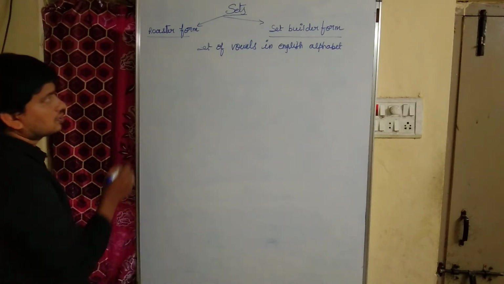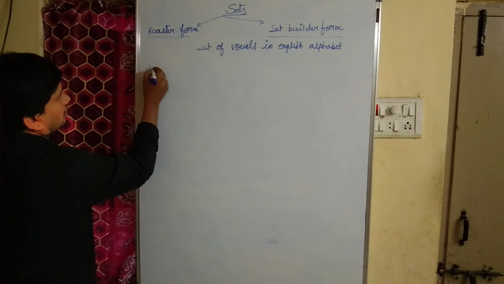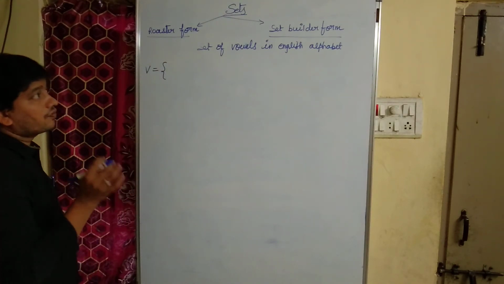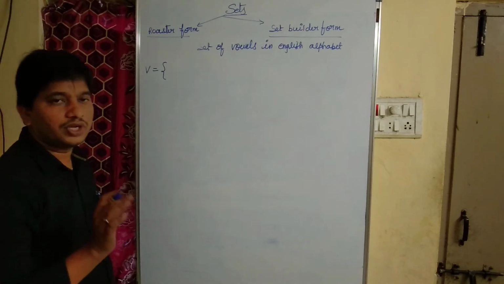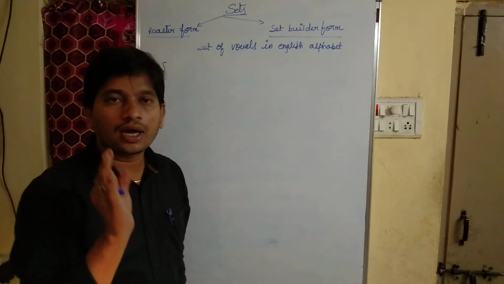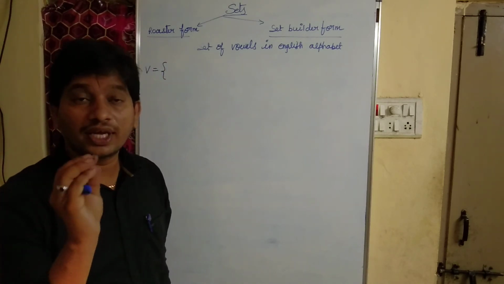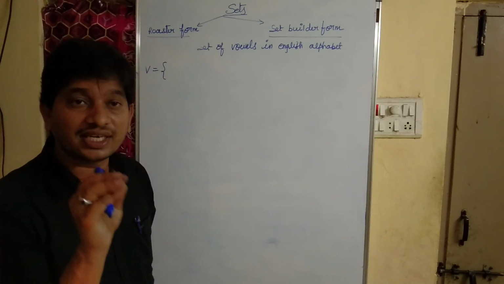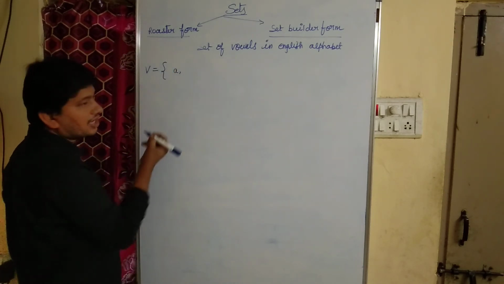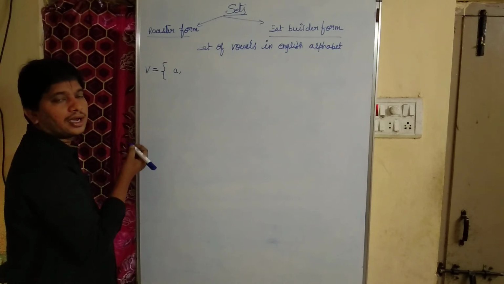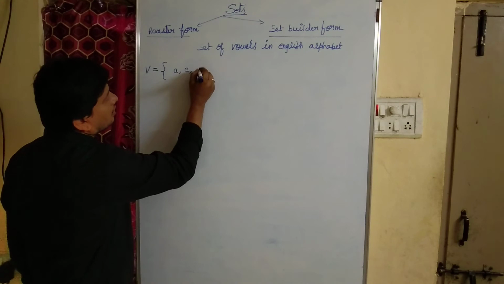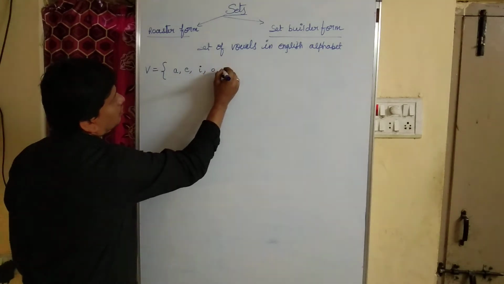Let me represent the set with the letter V. The vowels in the English alphabet are A, E, I, O, U. There are 5 elements in set V. Elements in a set are written in small letters and separated by commas: A, E, I, O, U.